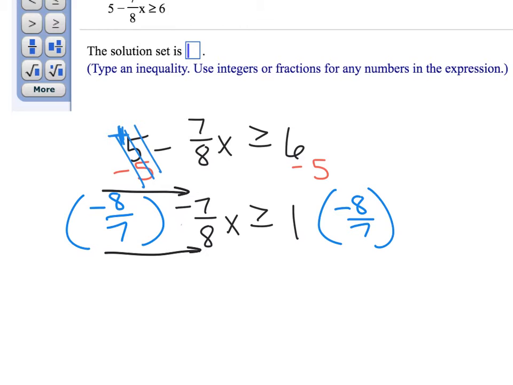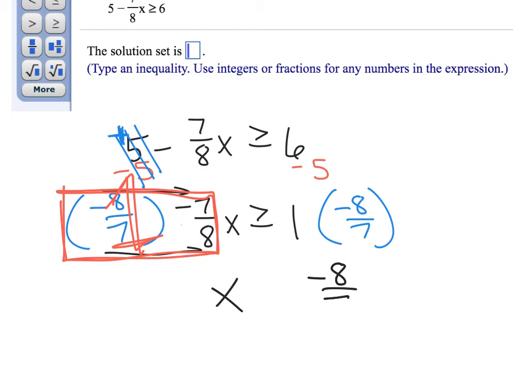So I'm going to end up with 56 over 56. So this whole chunk right here is equal to 1 whole. So I end up with just x on the left. The right side is going to be negative 8/7, because anything times 1 is itself.